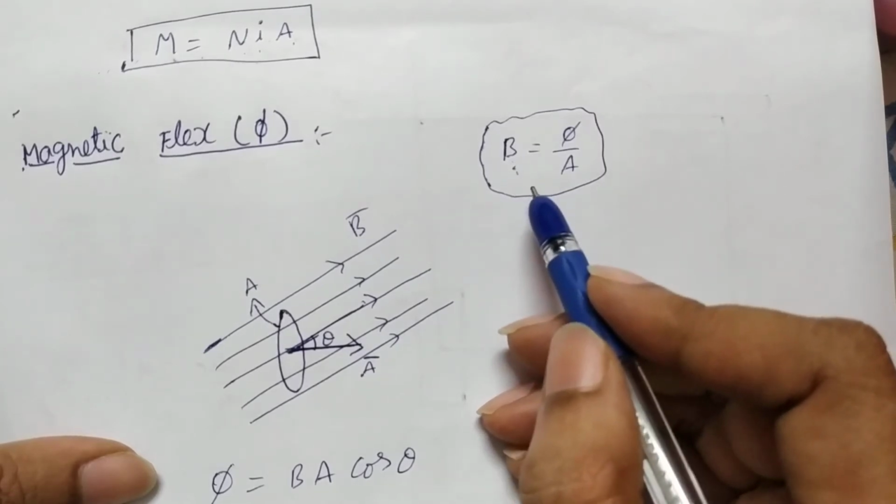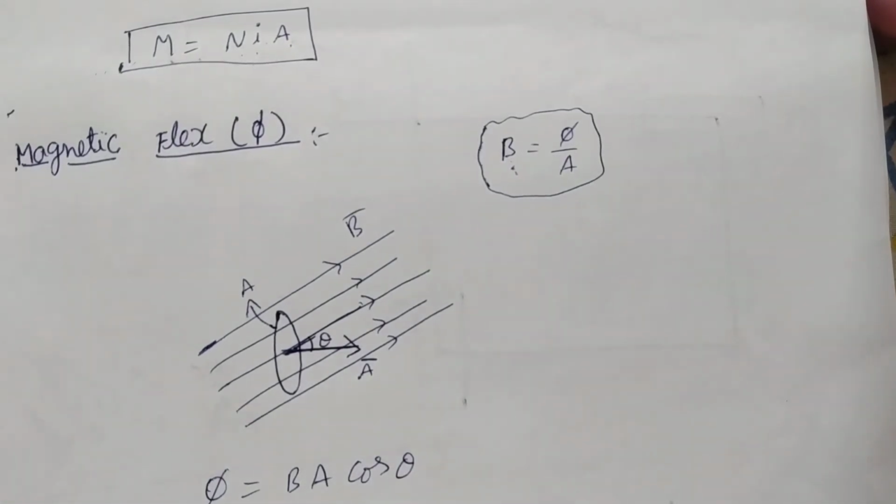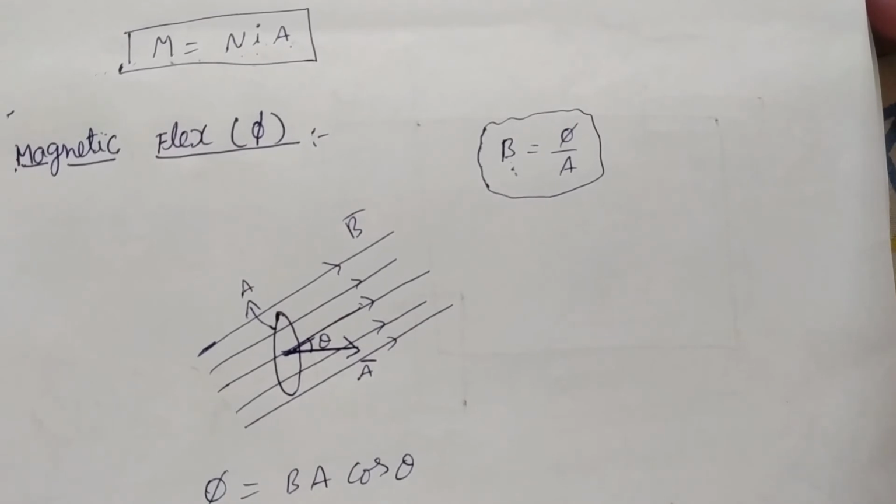Another definition also there. We know where there is more magnetic field and where less magnetic field. If the magnetic lines of force are crowded, we can say more magnetic field. And less crowd, rarer, means less magnetic field. That means magnetic field induction depends upon the crowdedness or number of lines of magnetic flux.